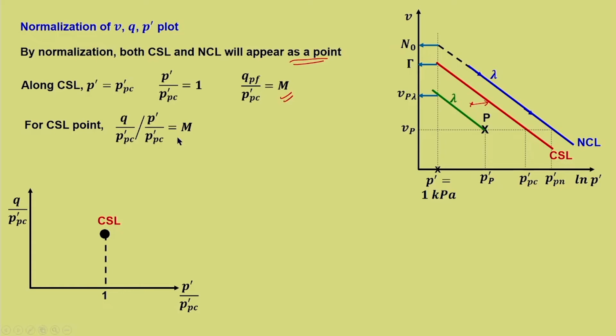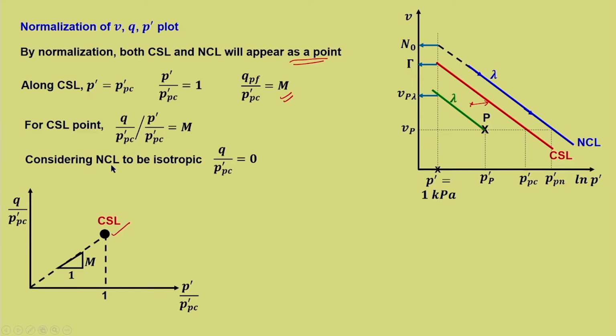So, this becomes m. So, where you find a particular point with a slope m which intersects this particular line is the point of critical state line. So, that is how we can say that critical state line is a point in this normalized space.